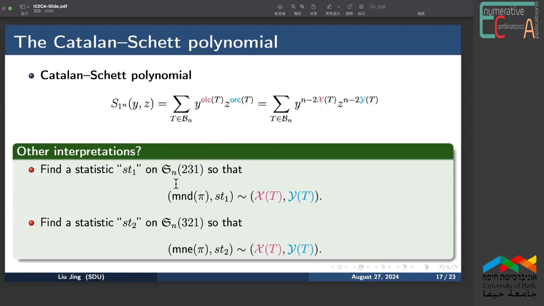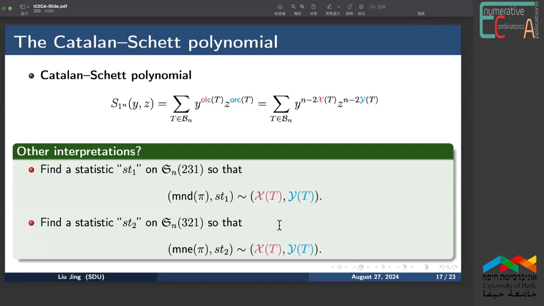Since the statistics M and D on 231-avoiding permutations and the statistics M and E over 321-avoiding permutations share the same distribution as X over band trees, we aim to seek statistics such that the joint distributions of M and D and ST1, and M and E and ST2 both match the distribution of XY over band trees.